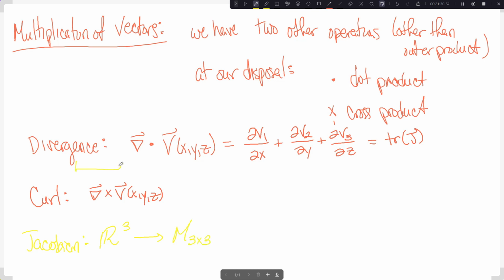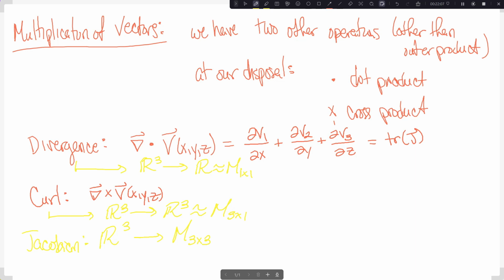The divergence is taking me from a three-dimensional vector to a scalar, which I can think about as a 1x1 matrix if I want to. And the curl is taking me from a three-dimensional vector to a three-dimensional vector, which I can think about as a 3x1. Okay, so these are really the three operations we have on vector fields.